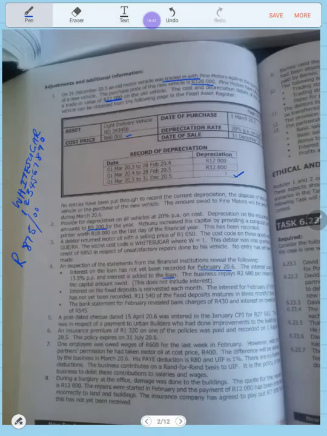The next is one of the employees was owed wages 600 for the last week in Feb. However, with the partner's permission, he had taken motor oil at a cost price of 400, so that is going to affect your trading inventory. The difference will be settled by the business in March 20.6.